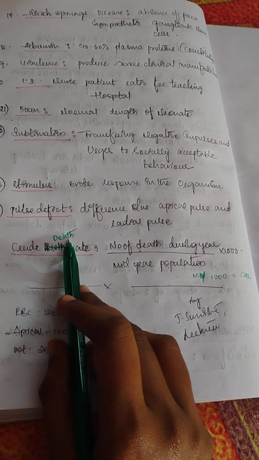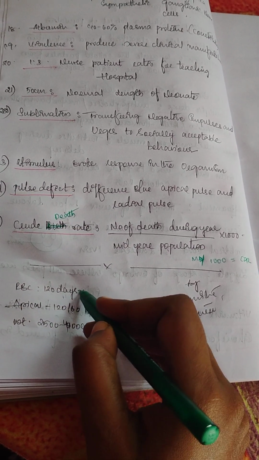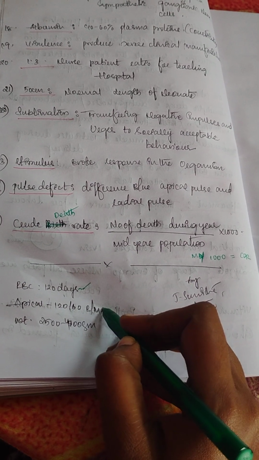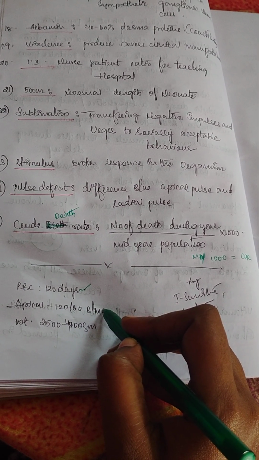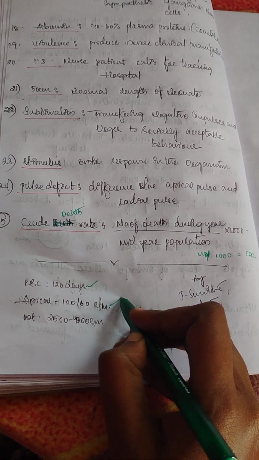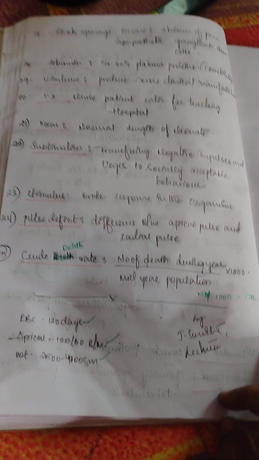Okay, not birth rate, crude death rate. So this hint you can remember. The next one, lifespan of RBC is 120 days. The normal apical pulse rate in a newborn is 120 to 160 beats per minute, and the weight of a newborn is 2500 to 4000 grams. Thank you.